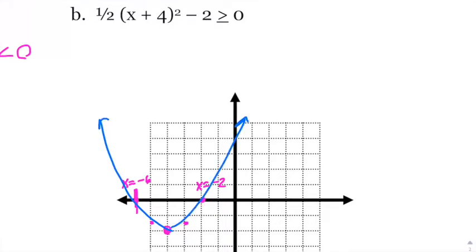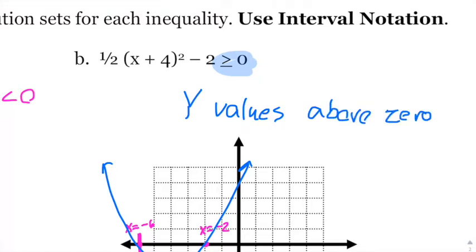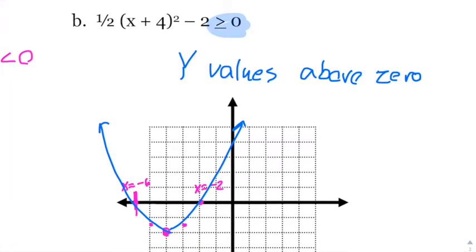Okay, so this is asking, when are the y values above 0? So that would be starting here at -2 and everything to the right of it, or starting here at -6 and everything to the left of it here.